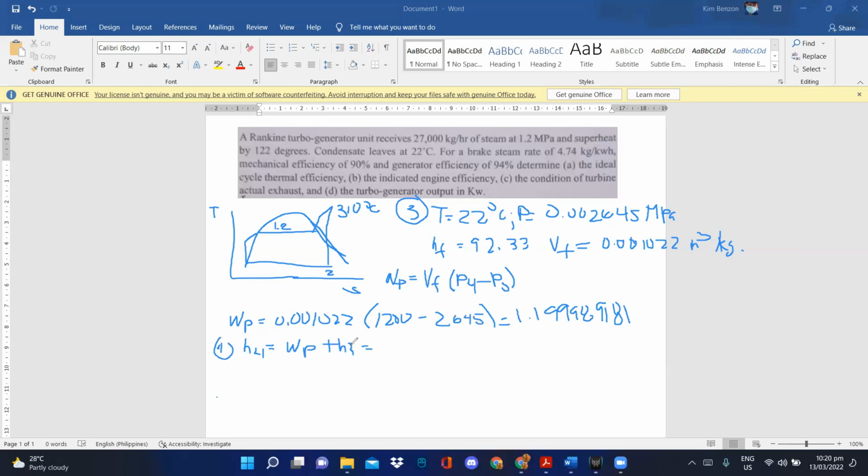So, may work ng pump na tayo, which is equivalent to 1.199989181 plus H3, which is 92.33, yung sinolve natin kanina, which is now equivalent to 93.52998918 kilojoule per kilogram.